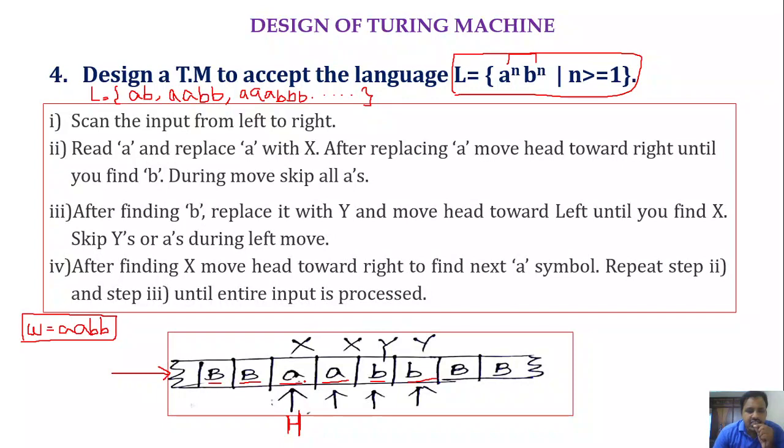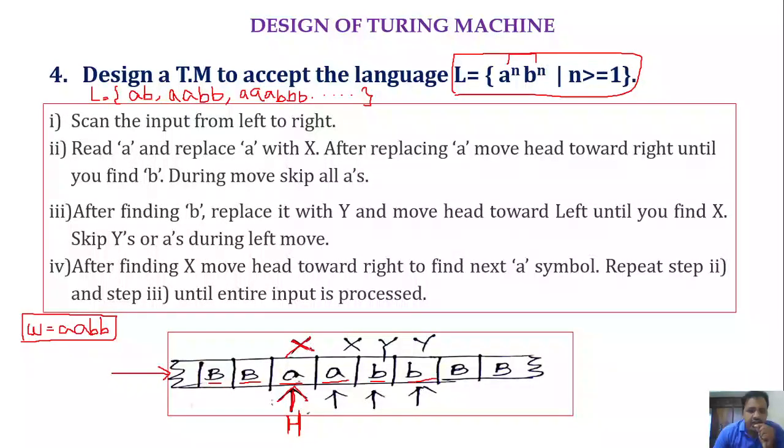The logic here is that I will first point the head towards the input symbol a. The head is pointing to a. The moment I see a, I replace that a with x. That is the first point.